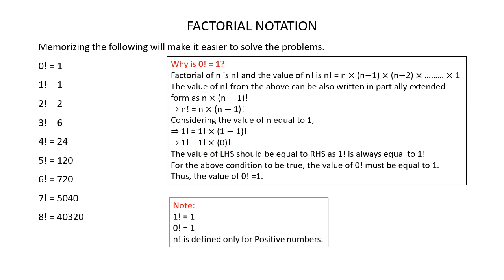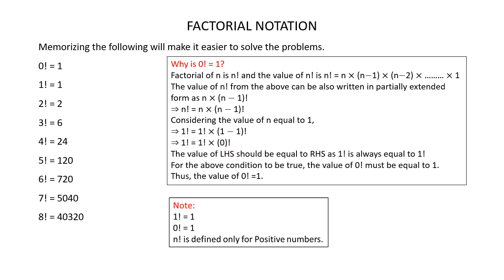Now you know that in an equation, the value of the left hand side should be equal to the value of the right hand side. So this means that 1 factorial should be equal to 1 factorial. That is, the left hand side should be equal to the right hand side, and this can be possible only if 0 factorial is equal to 1.